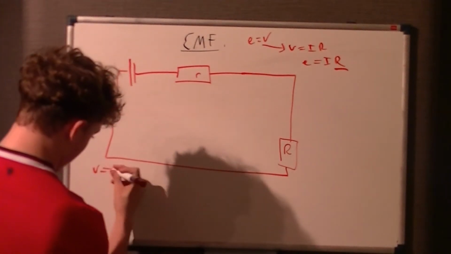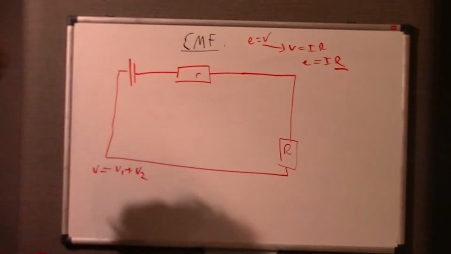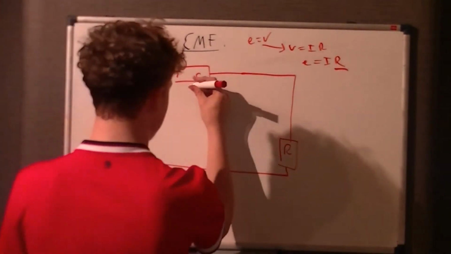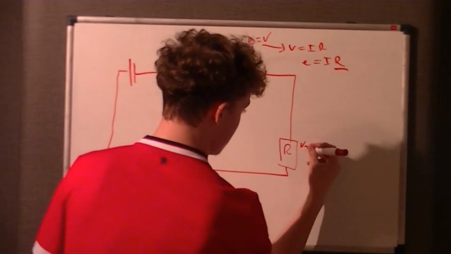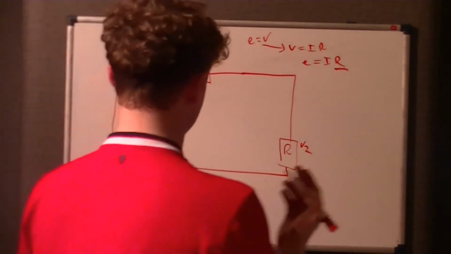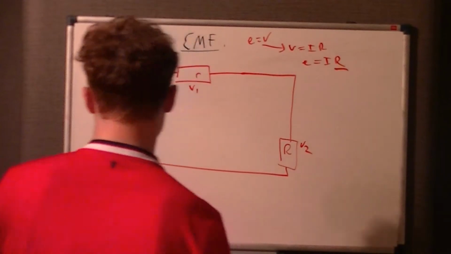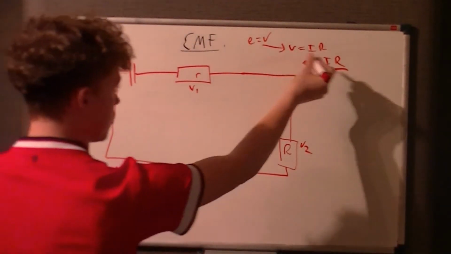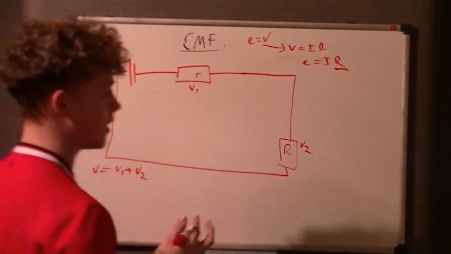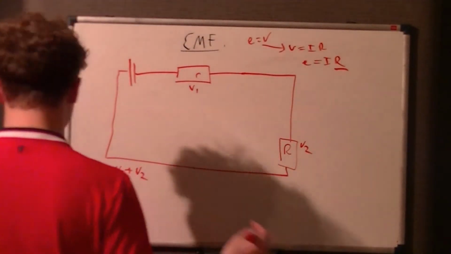So V equals V1 plus V2. We'll just call this V1 and V2. Now V1 and V2 are just different potential differences. You could call them V7 and V8 just to confuse you. But V, as we said, is equal to IR. Now I'm just going to work with V instead of E, just for the moment.